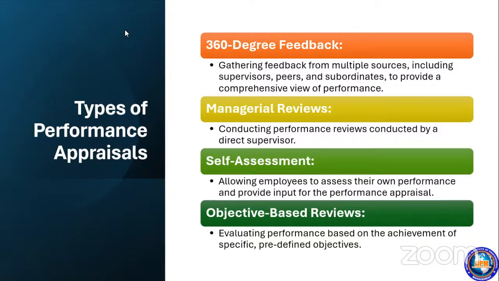So the 360-degree feedback gives us a complete view because it involves the supervisors, the peers and the subordinates. Another kind of performance appraisal is that done by the managerial reviews. This is usually conducted by a direct supervisor over an employee.